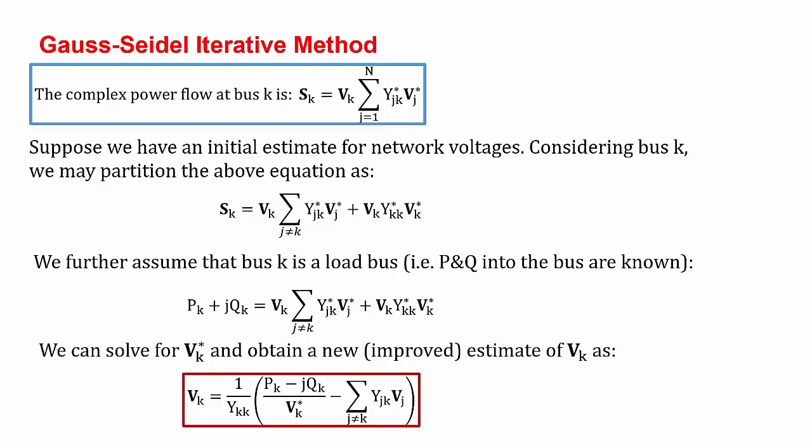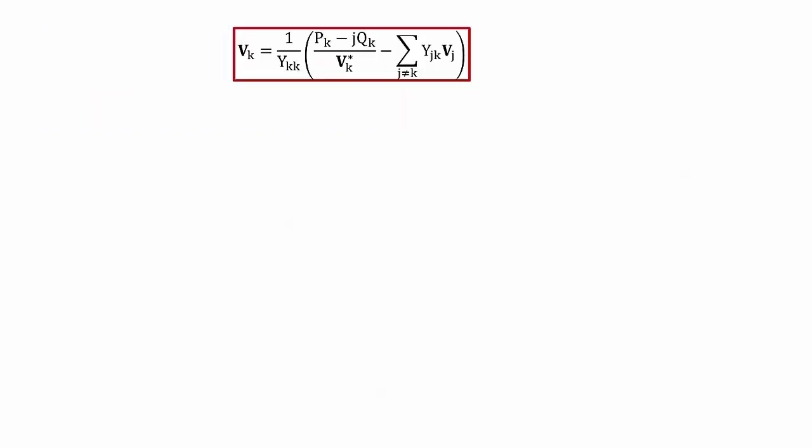We do it once, so we have an improved value for Vk. We do it for the other voltages, and we have improved values for the other voltages. Then we can repeat the process again and again until we find that the difference between two consecutive calculations of the voltages is within tolerance. Tolerance is 10 to the minus 10 or 10 to the minus 11. Very tight tolerance. This is summarized in the next slide.